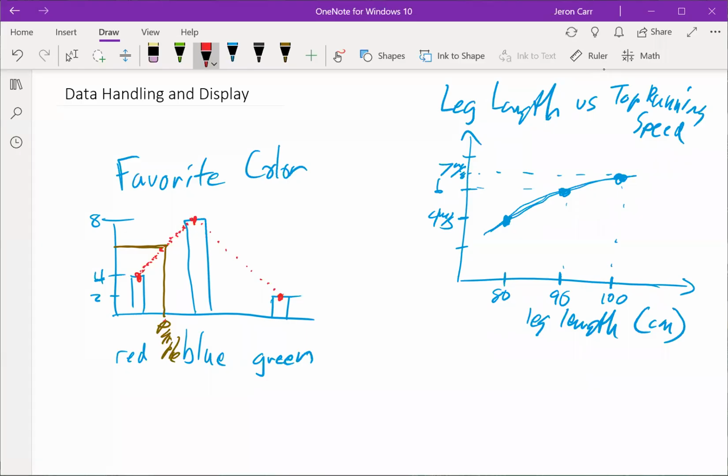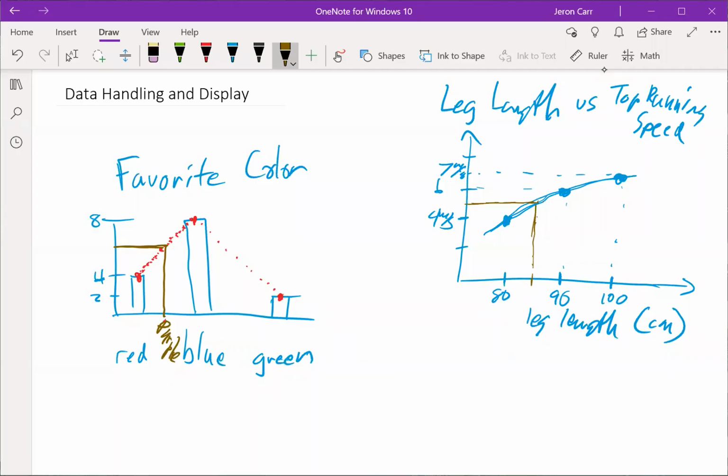I would take a look at my graph and I would say, well, 85 is kind of between 80 and 90. And on the curve that my graph is making, that means I would expect you to run roughly 5 meters per second as your top speed. A shade more because there's a curve to this line. And I would draw that conclusion.